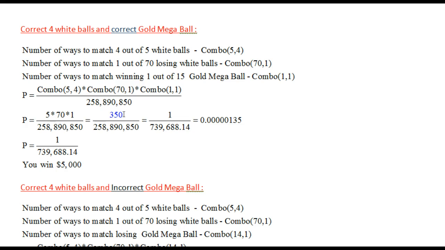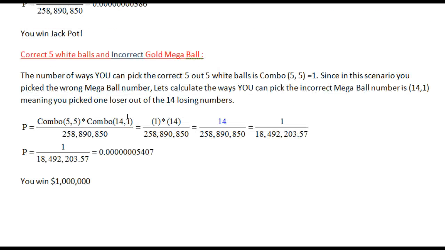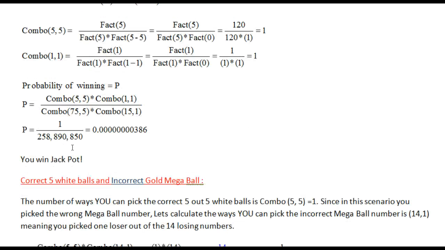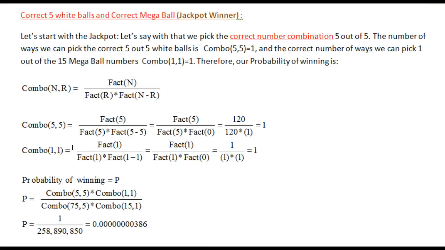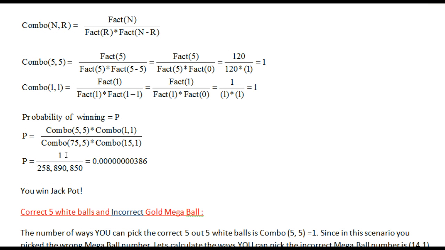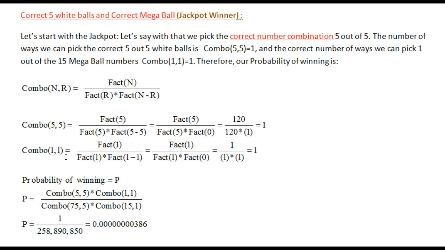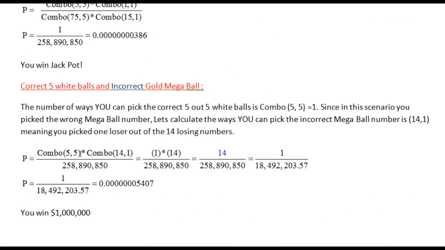The combination I did here for this combination of 4 white balls and the correct gold ball is 350. And the combination I wrote here to win the 5 white balls is 1. I didn't make it blue. And the combination I wrote here for the jackpot is 1. Okay.